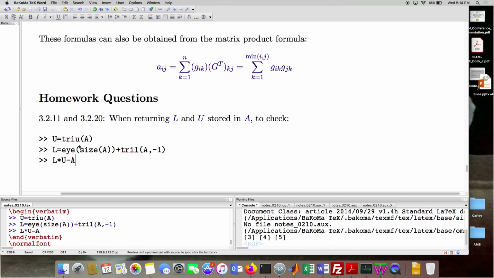So that's how you can recover L and U from what is returned by Gaussian elimination when it's doing the storage efficiently. This part right here, I call the interesting part of L, the multipliers.